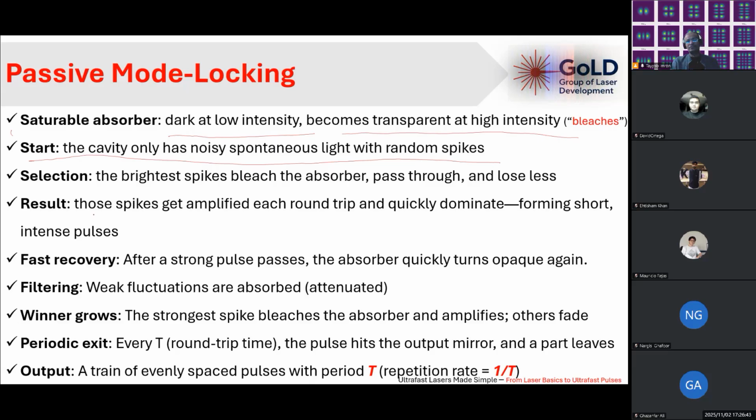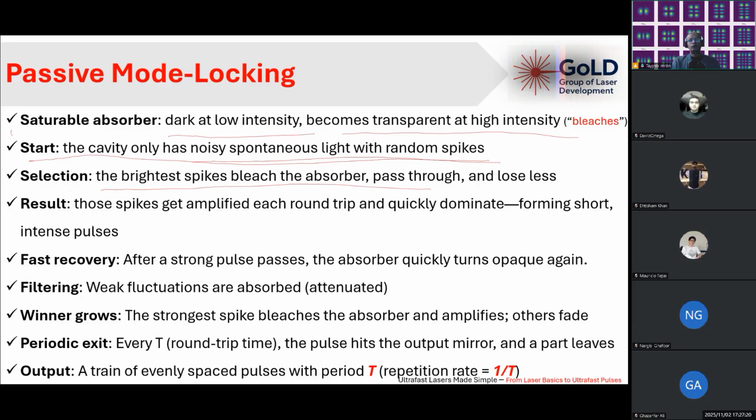With the passage of time, this noisy and spontaneous light is stopped by the saturable absorber. And when we have proper laser action, a brighter, real one, then it bleaches and passes through the absorber and the losses reduce. So when the light passes through the saturable absorber, the losses are reduced. Okay.